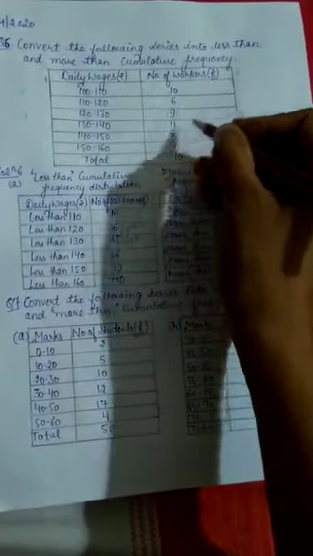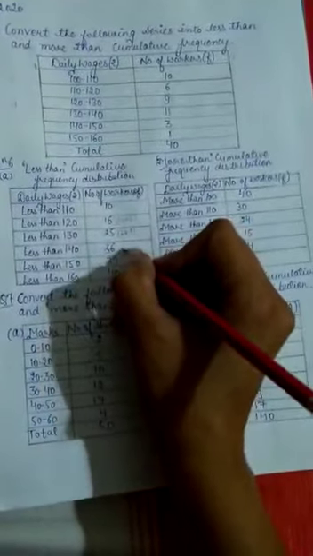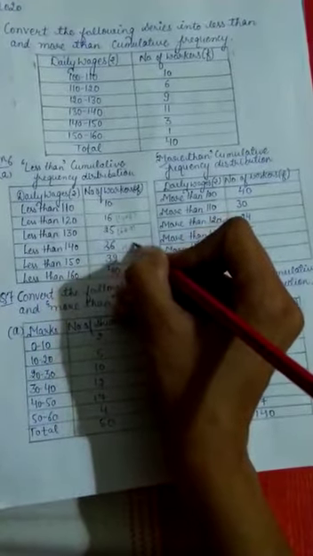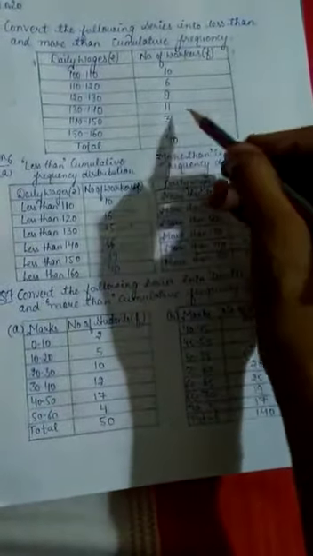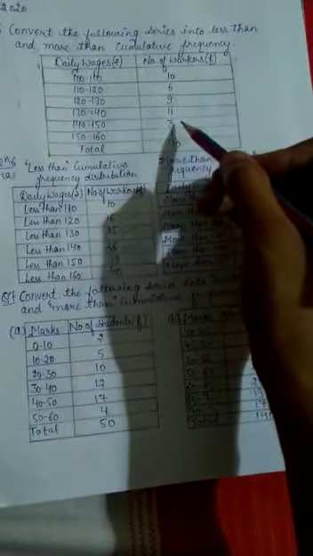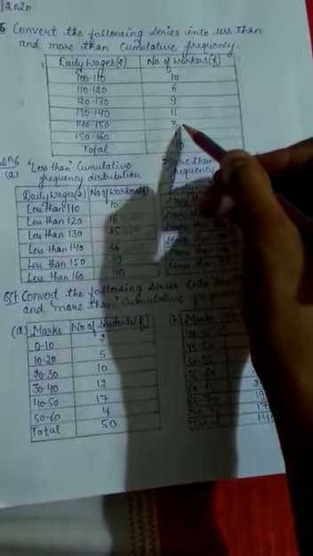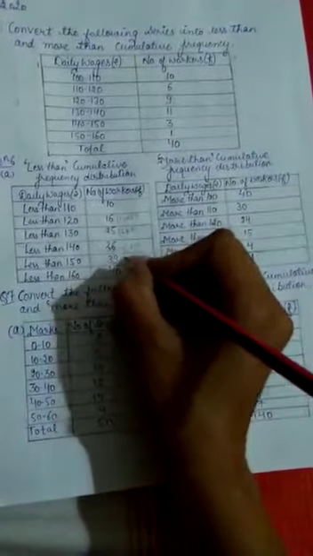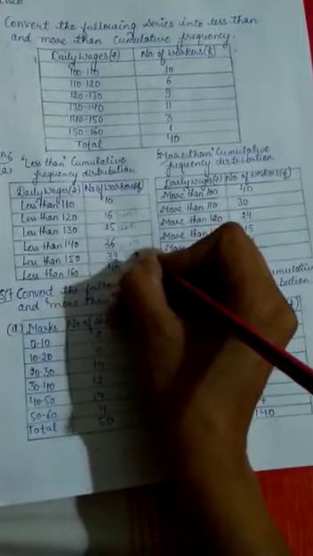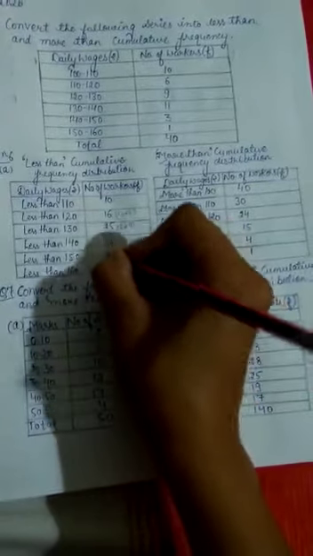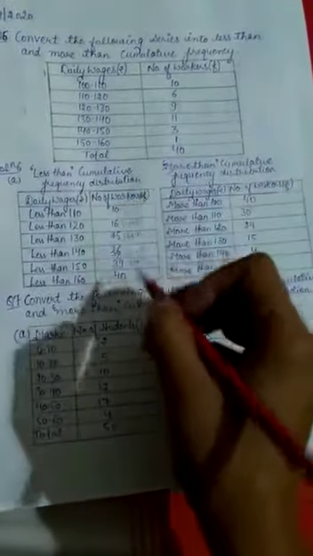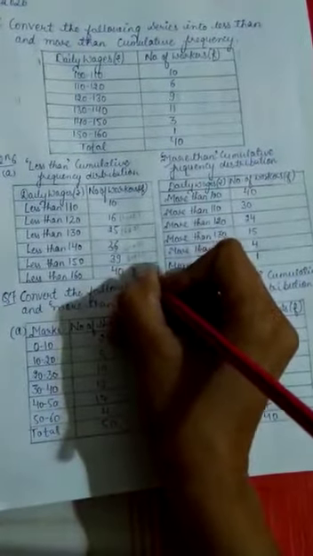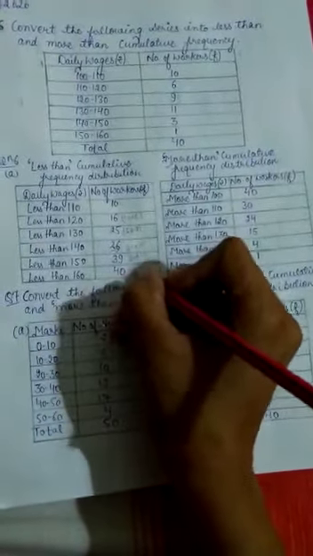Next value is 11. 25 plus 11 will give you 36. Then the next value is 3. 36 plus 3 will give you 39. And then the last value is 1. 39 plus 1 is 40.